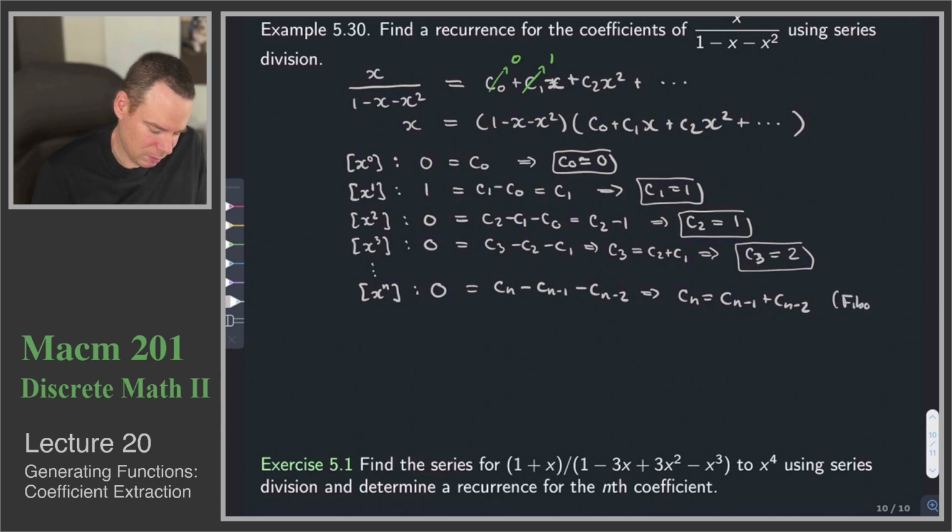That's Fibonacci. So what this tells me is that x over 1 minus x squared is the generating function for the Fibonacci sequence.